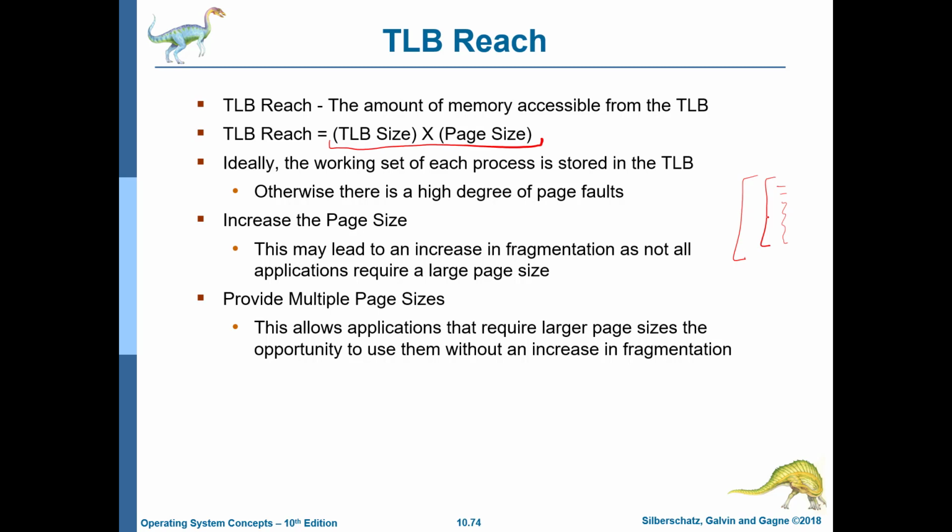So applications that require larger page sizes have the opportunity to use them. All of this pretty much depends upon the skill of the application writer. Operating systems still do not, to a very large extent, automatically set the page size. They do take cues from the application writer to set the page size.